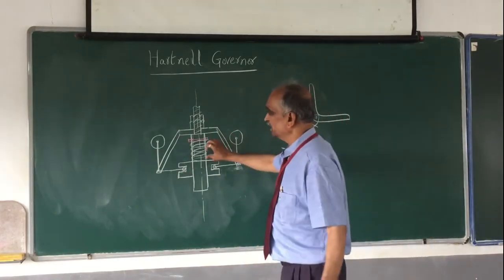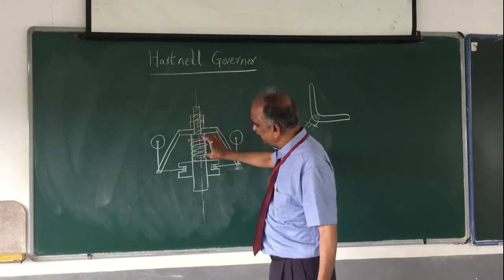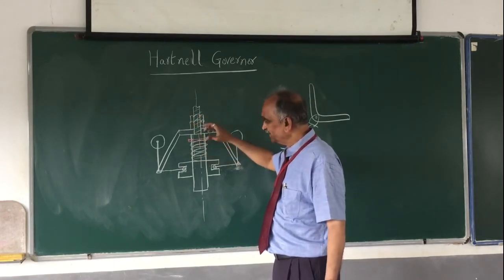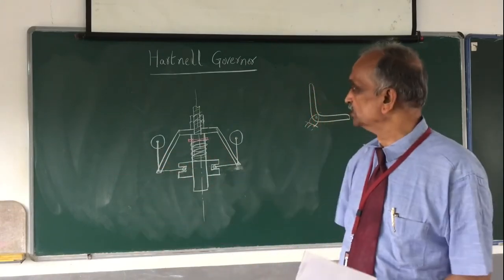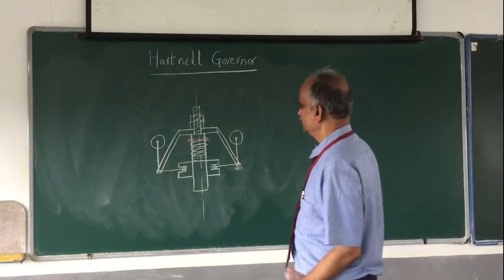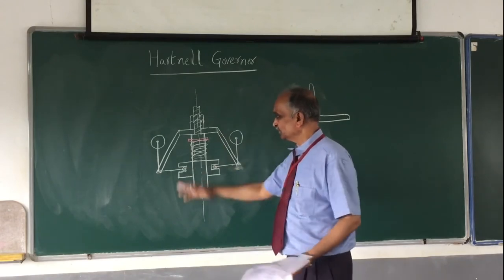If you don't want any such force, you can loosen it and make it free, and that time you will not have any force when the sleeve is in its bottommost position. This is how the construction is.